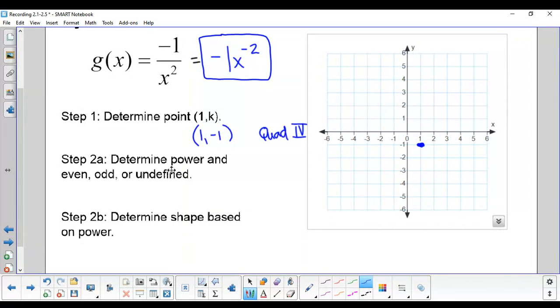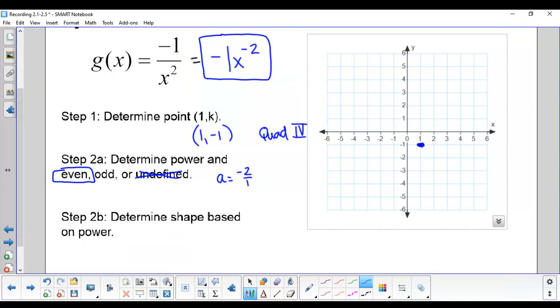Next, identify the power and if it's even, odd, or undefined. In this case, my power is -2/1. First, I check if it's undefined. Because the denominator of this fraction is odd, it is not undefined. Next, I look at the numerator and I see that it's even.